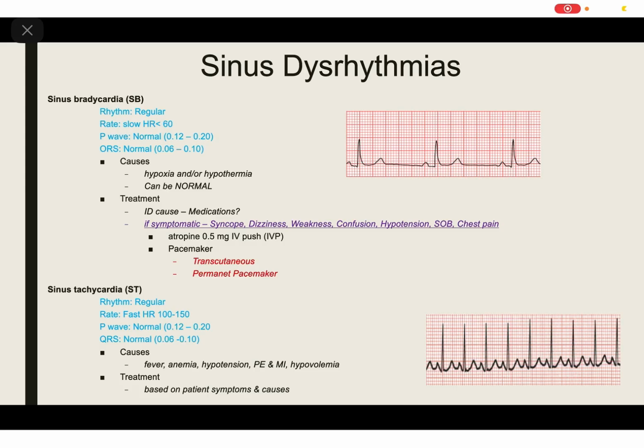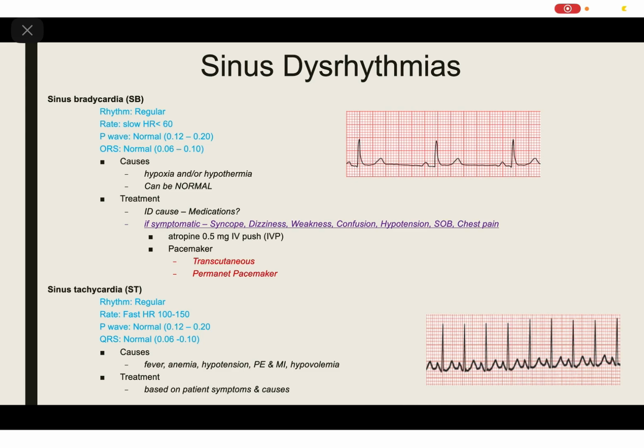Sinus bradycardia, very self-explanatory. Sinus brady means slow sinus rhythm. So usually sinus bradycardia is called if the rate is under 60. So if the heart rate's 59, sinus brady. P waves, QRSs, normal Ts, everything's marching out as normal, sinus brady.